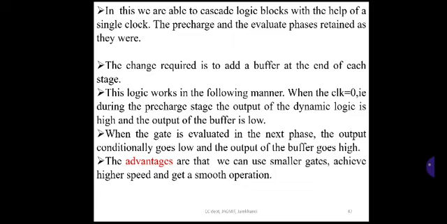As we have seen earlier, whenever the clock is equal to 0, the P transistor is turned on and the output is high. That output is connected to the inverter, so the final output, the output of the buffer, is low.